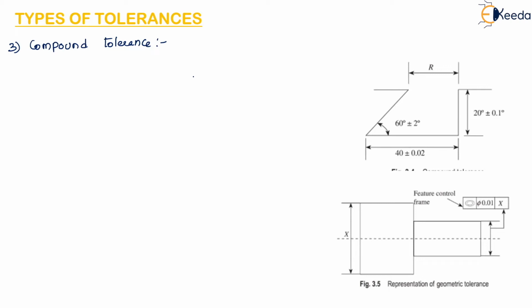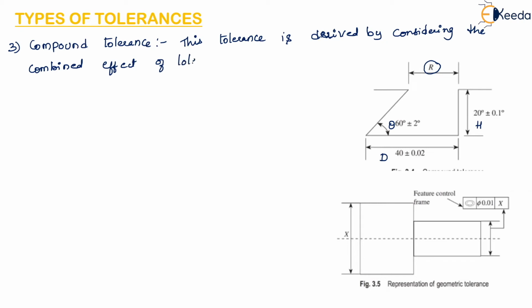For example, now we can see that the tolerance of this dimension R is dependent on the dimension of, let us consider this as D and this as H, and if this is the angle theta, then this dimension depends on D, theta and H. So this compound tolerance is the combined effect of all the three tolerances.